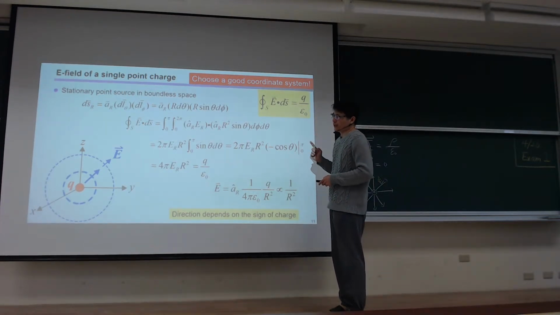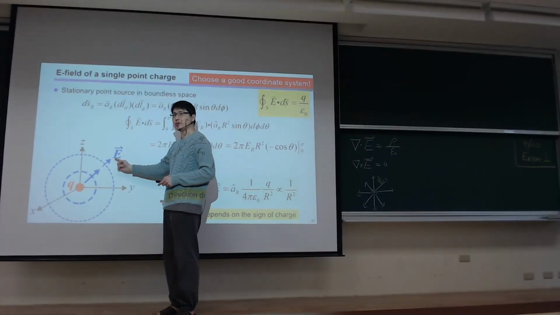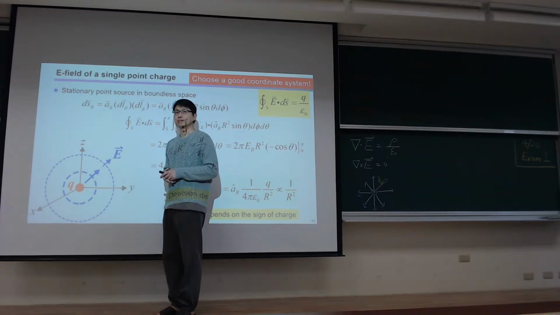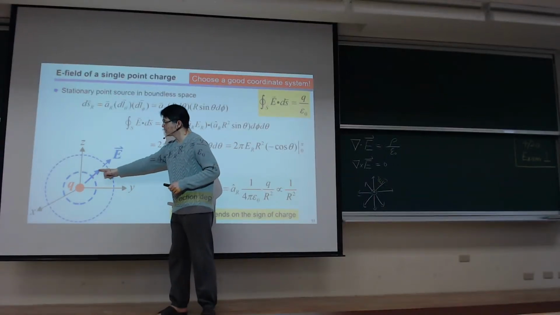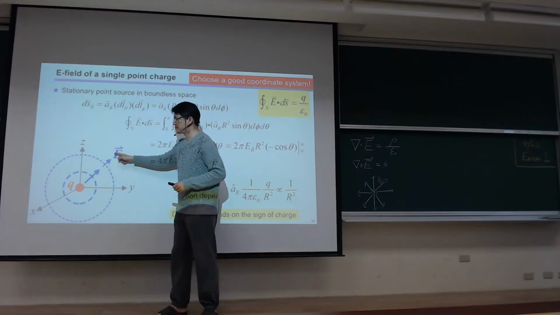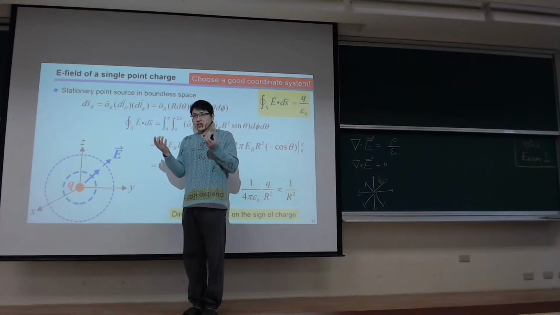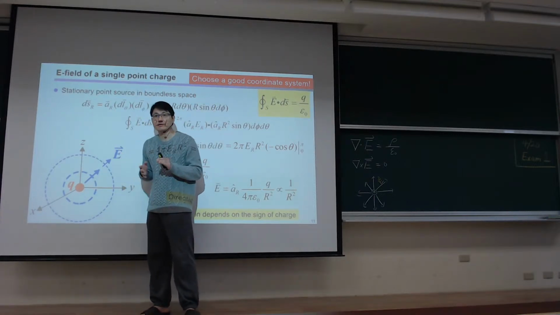You might be wondering, how can I just assume the E field intensity is pointing outwards? Well, if I'm drawing this E field intensity, all these field lines pointing outward, I am making another assumption. This charge would be positive, right?